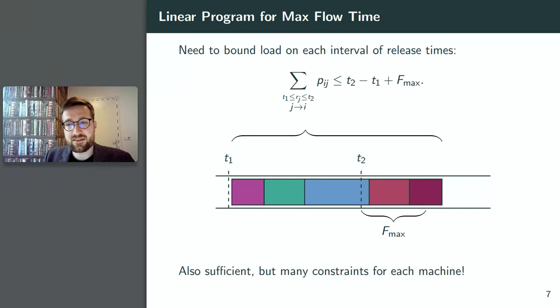So these types of constraints are certainly necessary, but it turns out they are also sufficient. So if you can find an integer solution with these types of constraints for a small value of Fmax, then you're done.